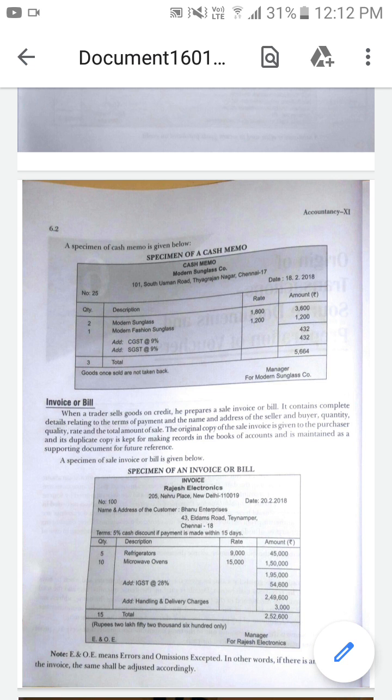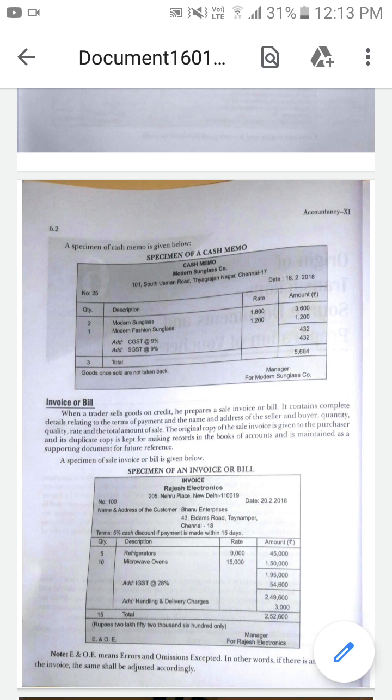So when the supply of goods and services takes place between the states, integrated goods and service tax is levied by the central government.